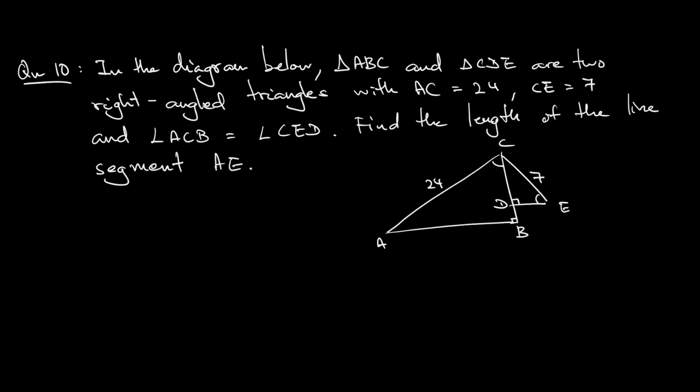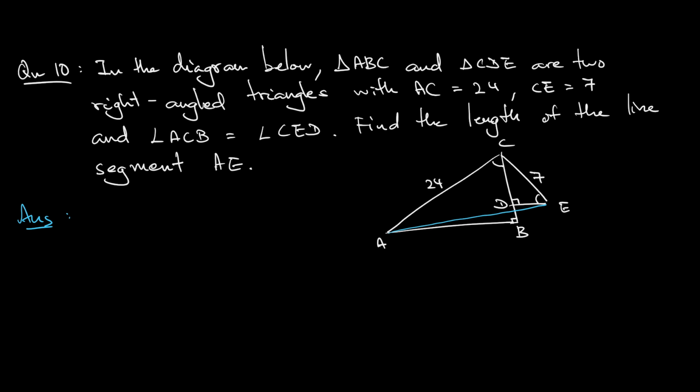Alright, it's all annotated on the diagram. The question asks you to find the length of the segment AE. Okay, so let me draw AE here. So what is this length? Okay, let's try. Answer.